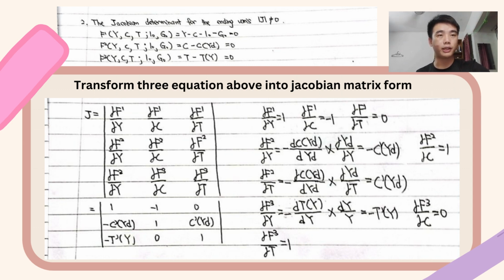Delta f2 divided by delta t is equal to c prime of yd. Delta f3 divided by delta y is equal to negative t prime of y. Delta f3 divided by delta c is equal to 0. Delta f3 divided by delta t is equal to 1.